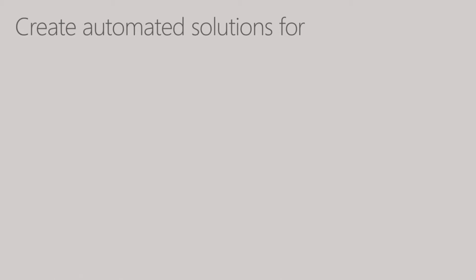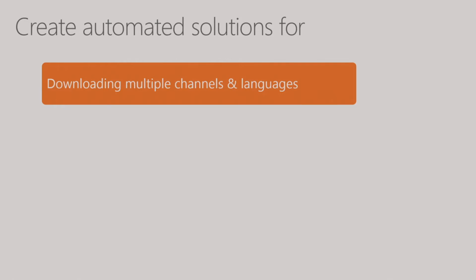We partnered with him and we created a set of scripts which takes away a lot of effort and which is available to everybody of you. It allows us, with one command line, to download multiple channels, multiple languages, and if you want to, also multiple bitnesses, so 64 and 32-bit, every month.